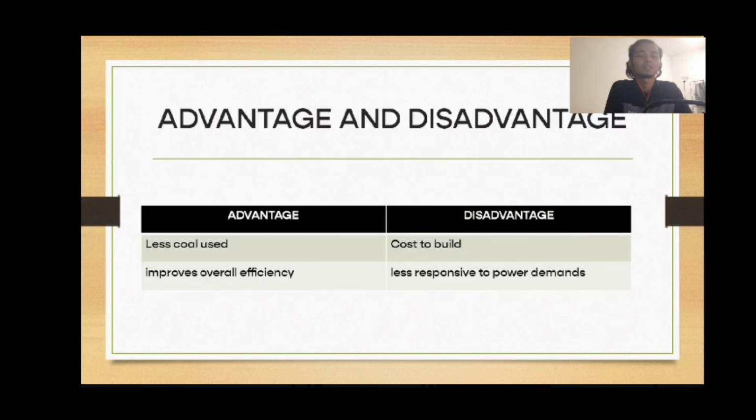Next is the advantage and disadvantage of having the gas vapor cycle. The advantage of this cycle is we can use less coal, since the coal used at the burner is rotated to each of the cycles, so it improves overall efficiency.